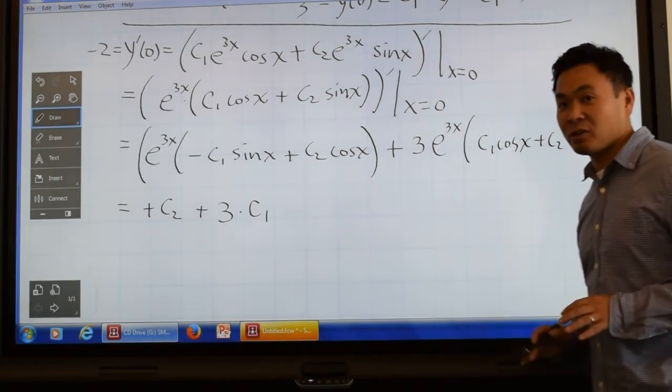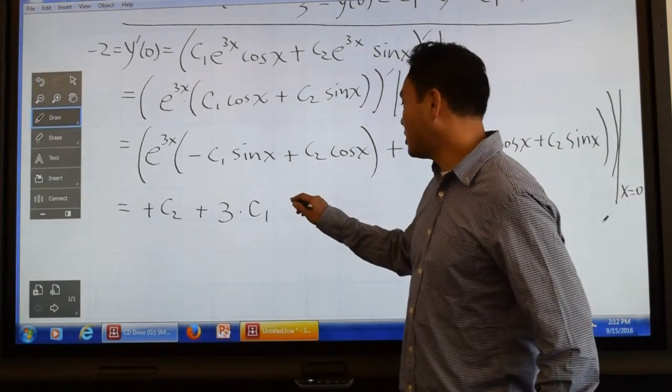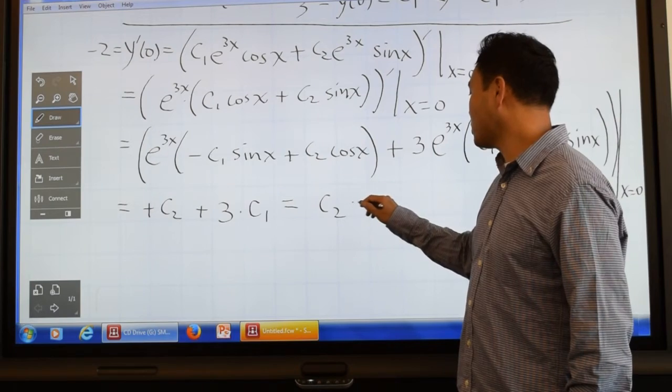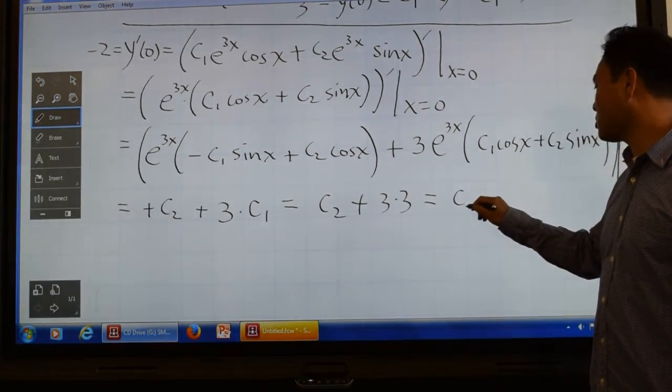So after all this calculation, what you're getting is C2 plus 3 times C1. But we already know the value of C1. What is it? 3. So we have C2 plus 3 times 3, which gives you C2 plus 9.